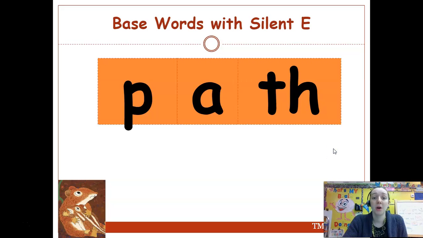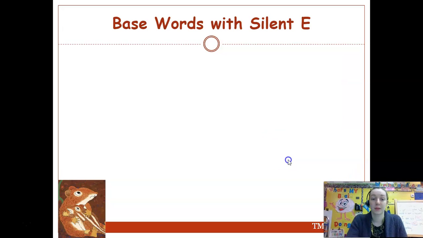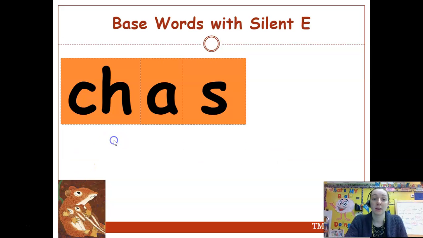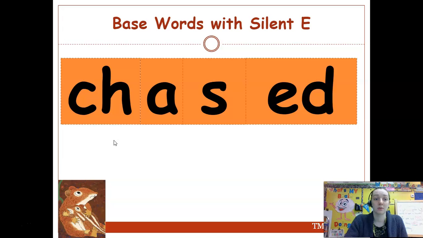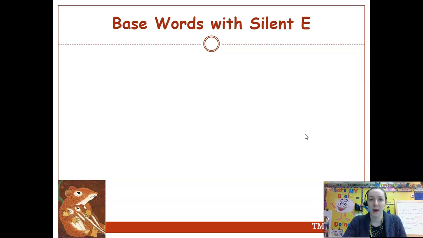All right, this one, path, just reviewing our th there. And then we have ch, a, s, e. I think that other one might have been in there by mistake, but it's good review as well with that digraph. So chased. Same thing, we dropped that silent E, added the ending ed for it to have happened in the past.